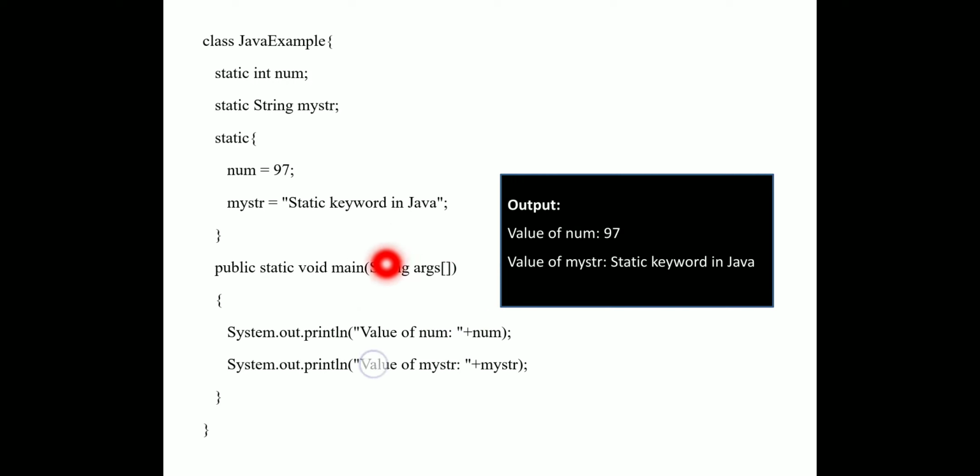The output for this program is value of num equal to 97, value of myStr is static keyword in Java. These are the concepts of the static keyword: first one is static variable, static method, and final one is static block. I hope you all understand this concept. Thank you.